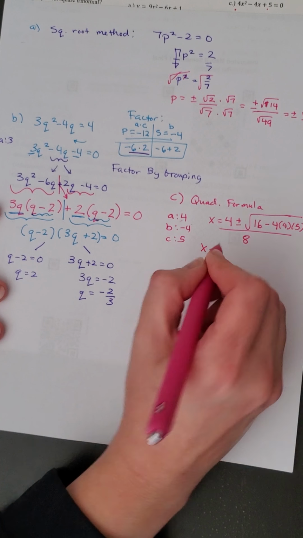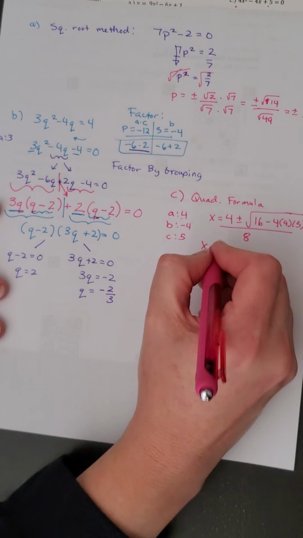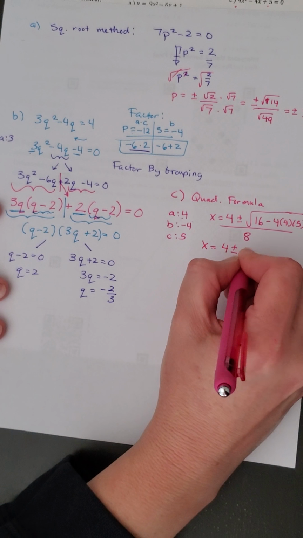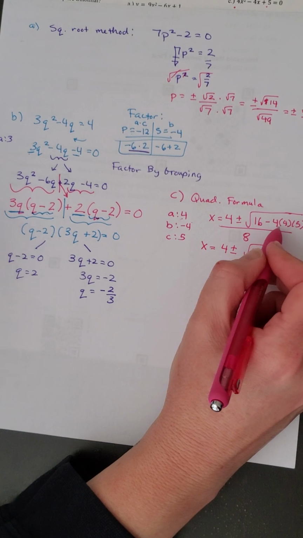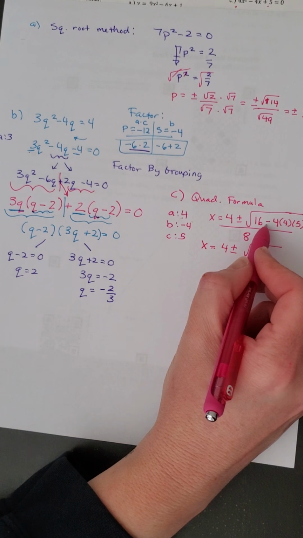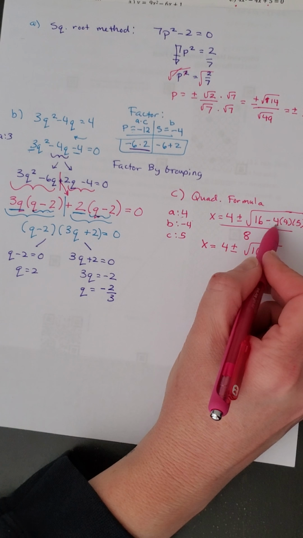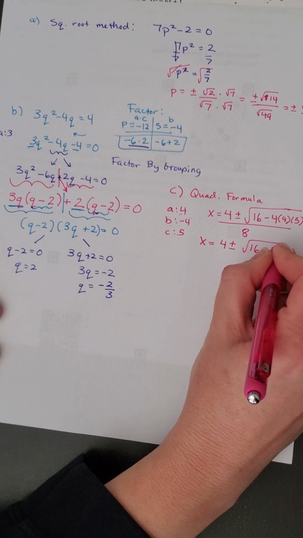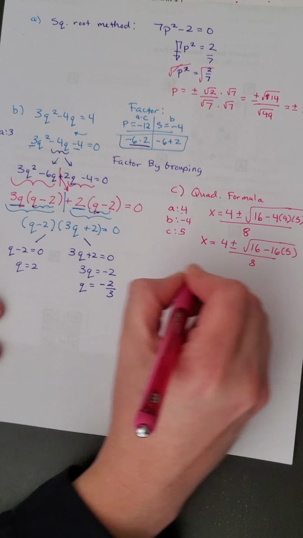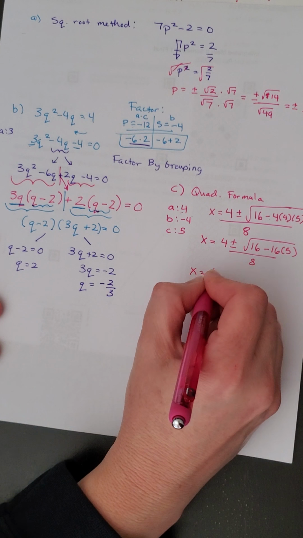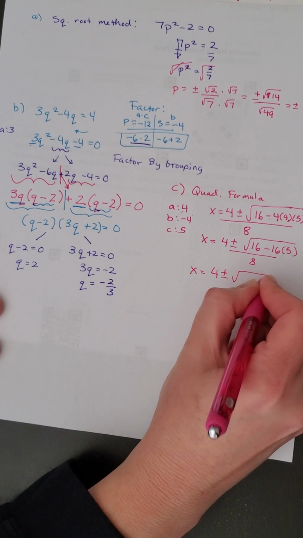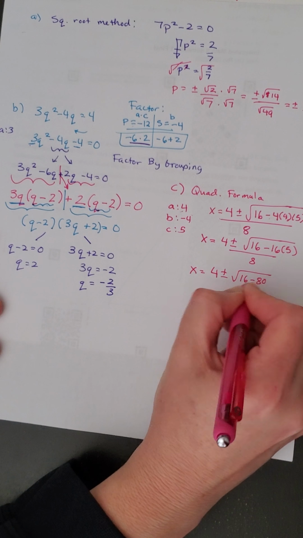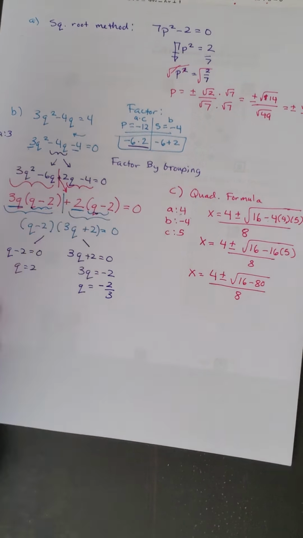So x equals 4 plus or minus the square root of 16 minus 4 times 4 times 5, all over 8. x equals 4 plus or minus the square root of 16 minus 80, all over 8.